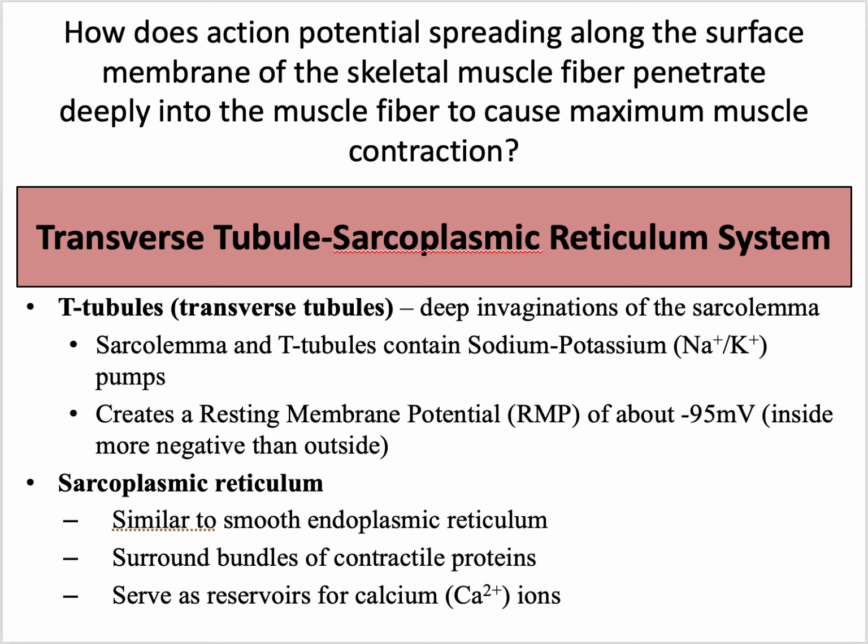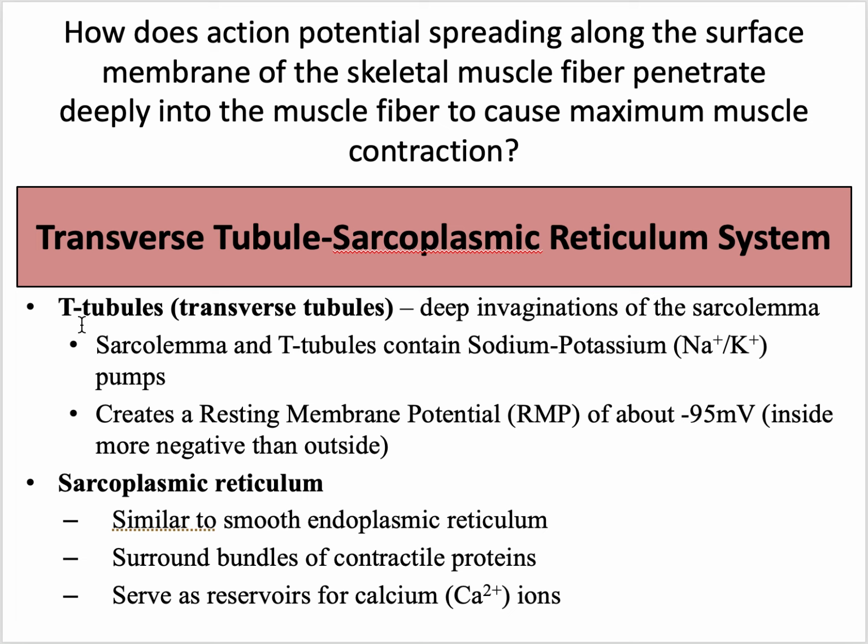Remember, there's only one axon terminal that synapses with one skeletal muscle fiber cell, but these muscle fiber cells can be quite long. So how do we get an action potential that can propagate along the entire length of the sarcolemma, but also penetrate into the muscle fiber to get all of those myofibrils to contract?